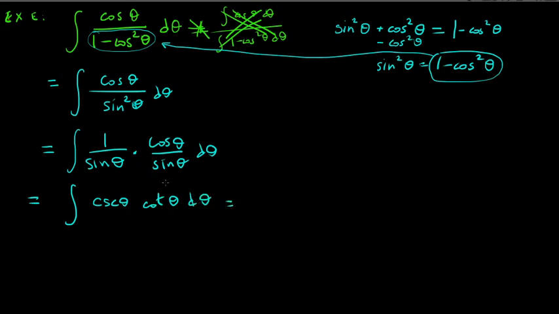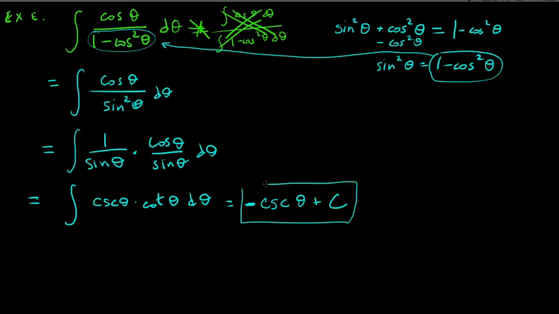If you go way back, this was one of our rules. The derivative of cosecant of theta is negative cosecant cotangent. So that means we need a minus sign here, plus c. So I think that does it.